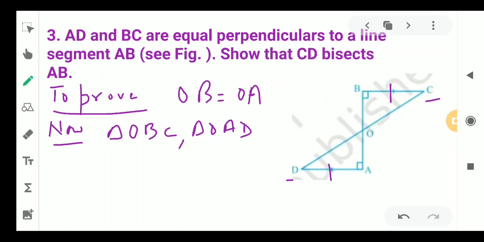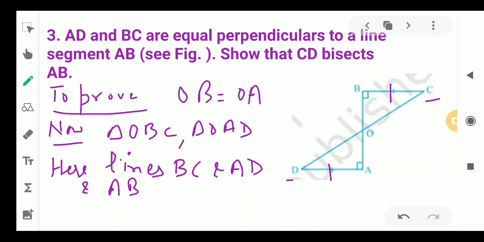So let me take the lines BC and AD, and AB as transversal. Suppose this is angle 1 and this is angle 2. Now we have taken angle 1 and angle 2.